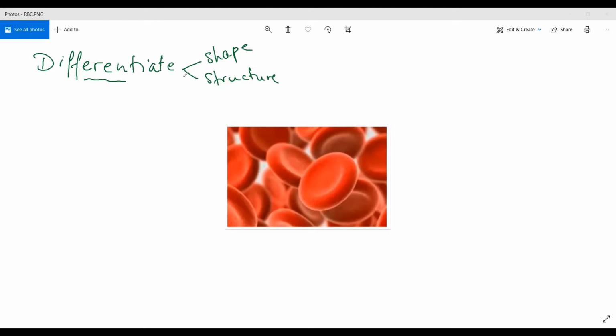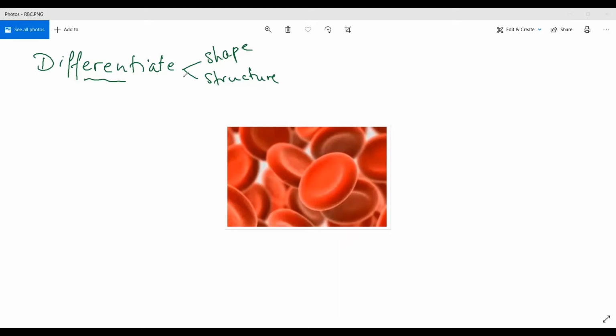Cell differentiation means that the cells change in shape and structure only for one reason, to perform a certain function. The cells of the blood differ from the shape of the cells of the nervous system, for example, because every group of cells has to do a different function. That's why they have to differentiate.